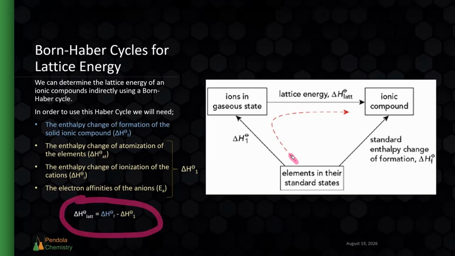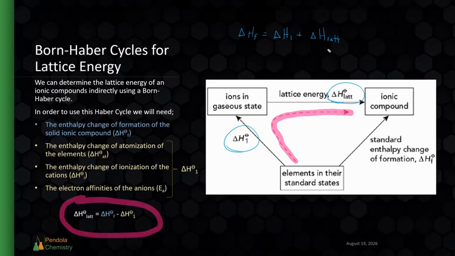Then if we do an alternate path arrow here, we can see that the enthalpy change of formation is going to be equal to the enthalpy change number 1, which we have on this side, plus enthalpy change lattice, delta H lattice.